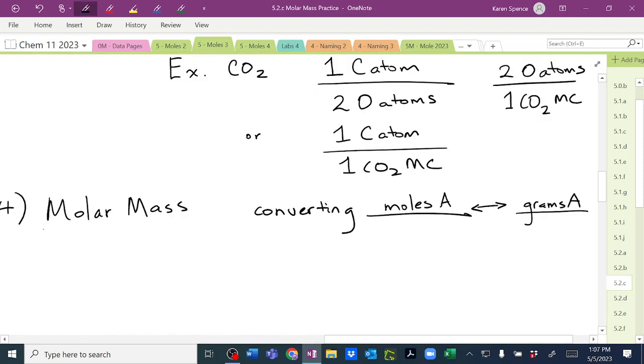And how do we find the molar mass? Yeah, we add up the molar masses from the periodic table.